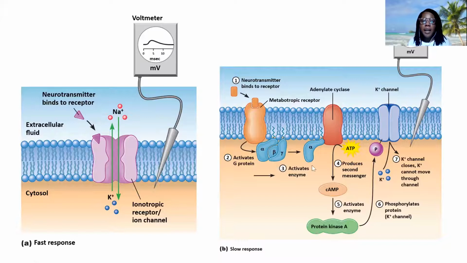We've got the binding of this neurotransmitter to a metabotropic receptor, activating this G protein that's coupled to the receptor such that the alpha subunit dissociates and floats downstream in the membrane. It's going to activate another enzyme, and that enzyme will produce some second messenger, usually cyclic AMP.